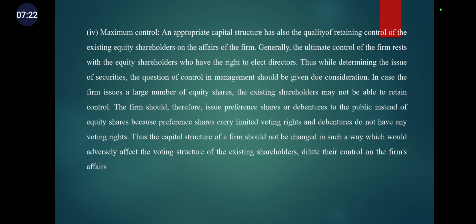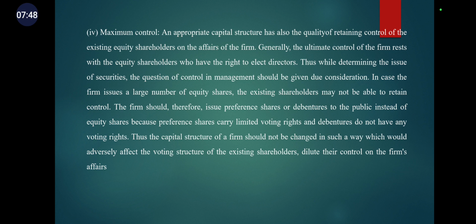Why convertible debentures? To retain control. Later the debentures can be converted into shares, so that the control always lies with the company itself. Debenture holders will be turned into shareholders, so that the control will be at maximum.